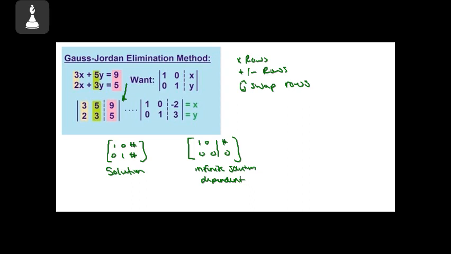The last option is where your bottom gives you 0, 0, and a number. That's saying 0 for x, 0 for y still gives me an answer, which is not possible. So this is our no solution option, and this is our inconsistent system.